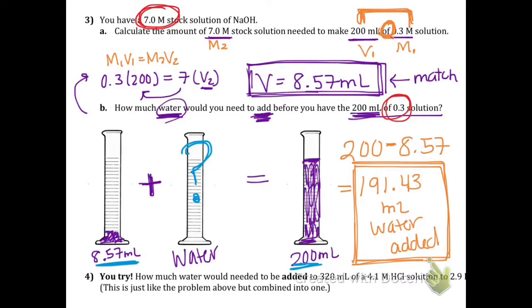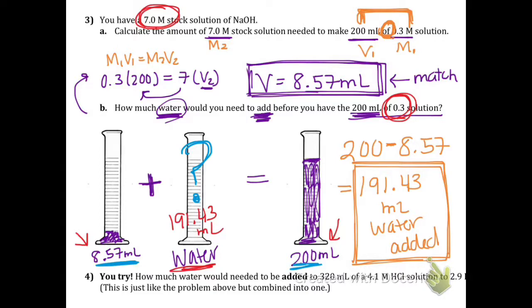We make it less concentrated by adding water to it. So you started with 8.57. If we added 191.43 mils of water, you get 200 mils of this 0.3 solution. Okay, so that's a 2-part question.